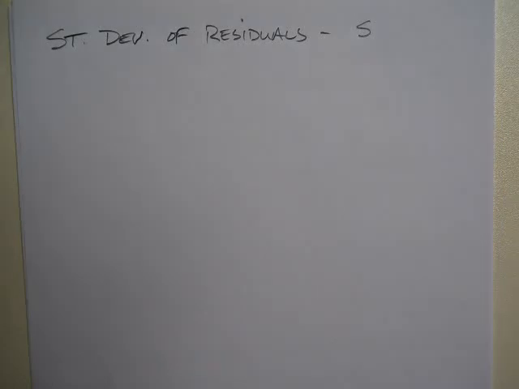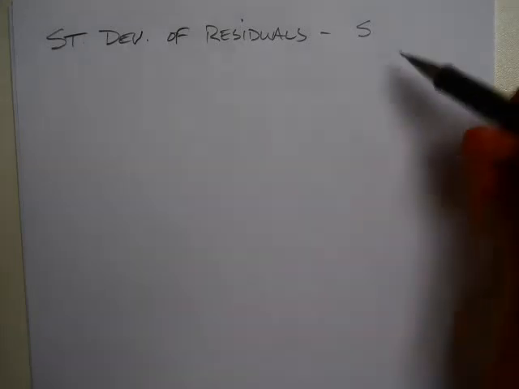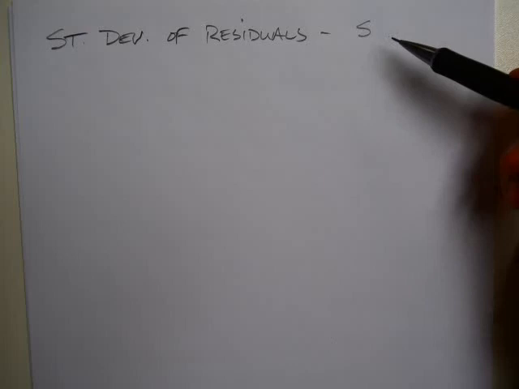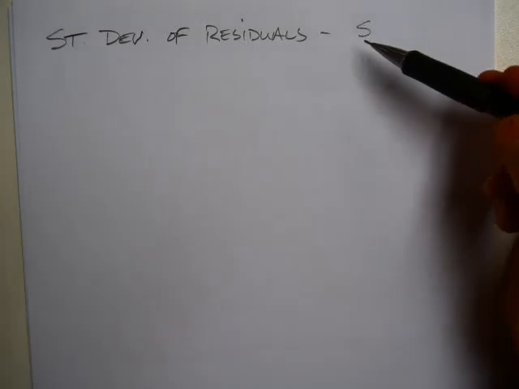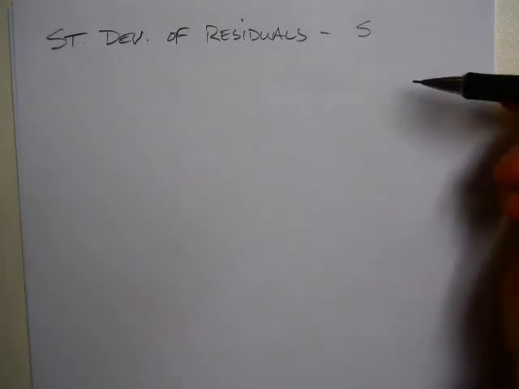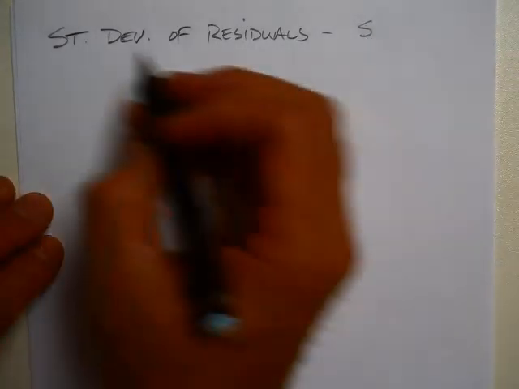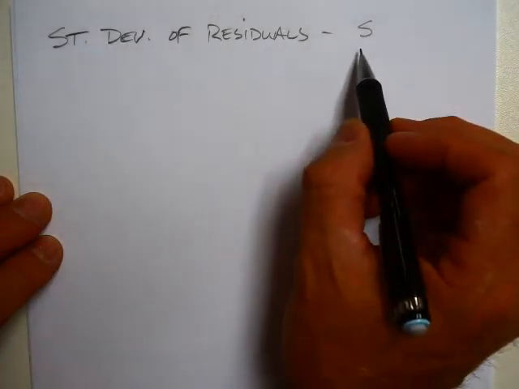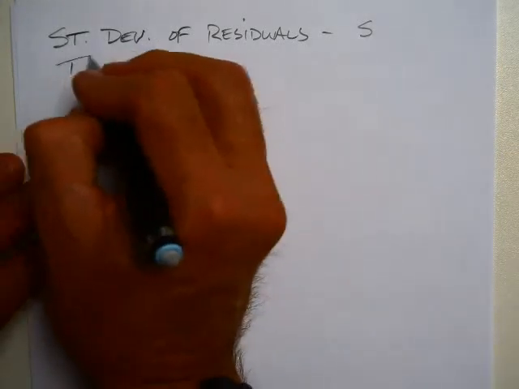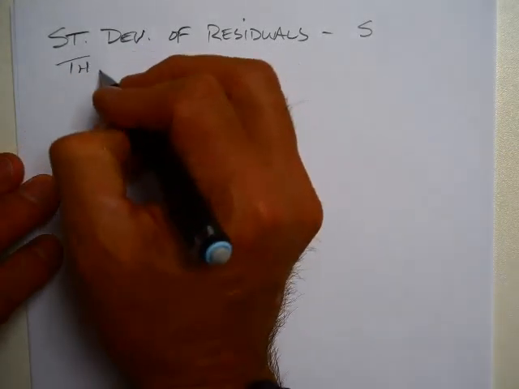We use the letter S. One of the unfortunate things about statistics is sometimes we use the same variable for different things. So we've used S for the standard deviation of a set of data, but now we're also using it for a standard deviation of residuals. I don't know why they do that, but they do. To be fair, I doubt you'll be asked to do this on a test. But I definitely want you to see it at least once.